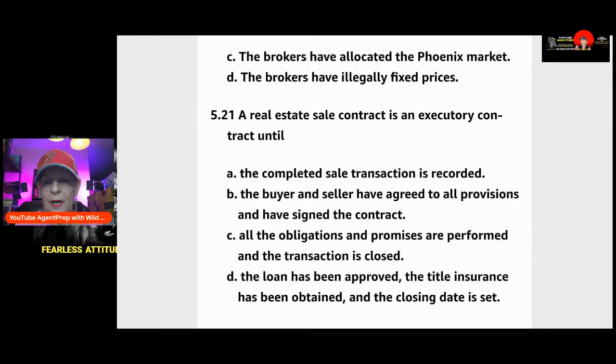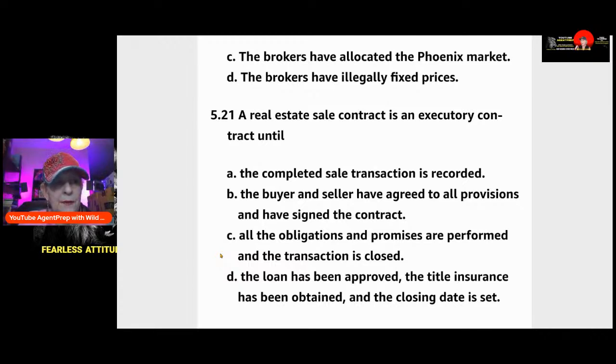We have so far 21C. And that answer is C. All the obligations and promises are performed. An executory contract is one for which the signatories have yet to perform their respective obligations and promises.